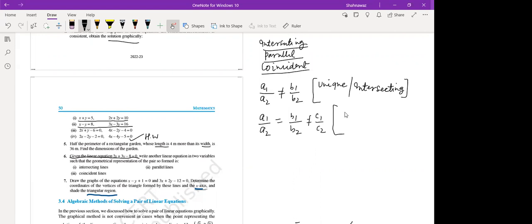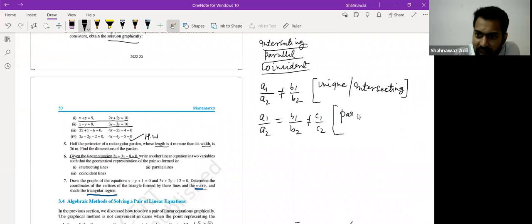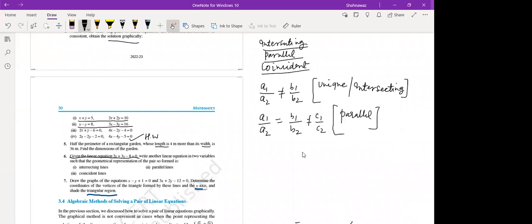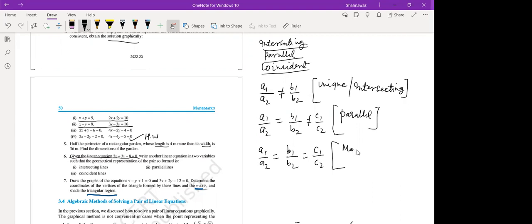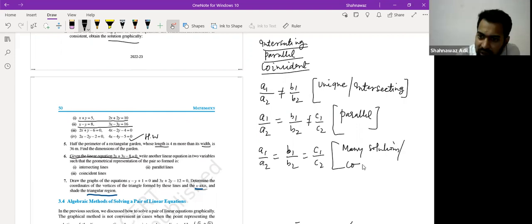This is parallel, inconsistent. And this one was what? Many solutions, coincident, right?